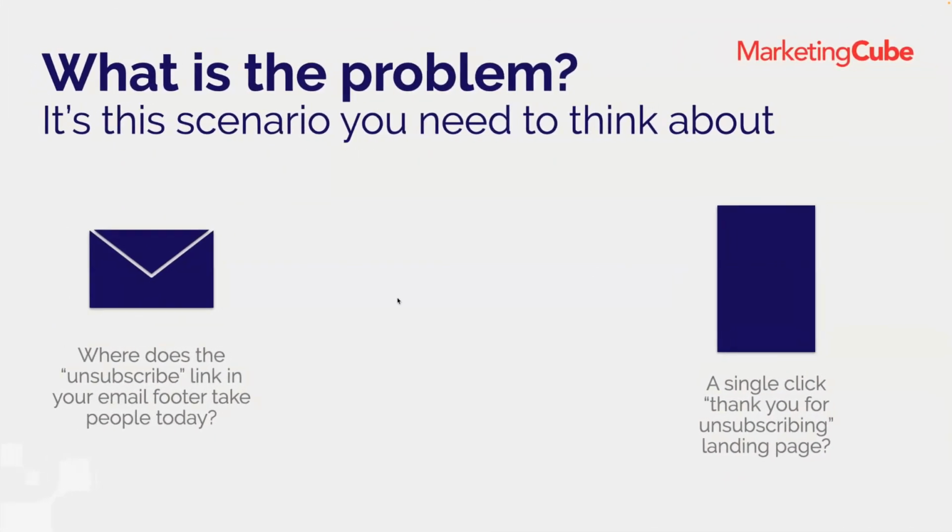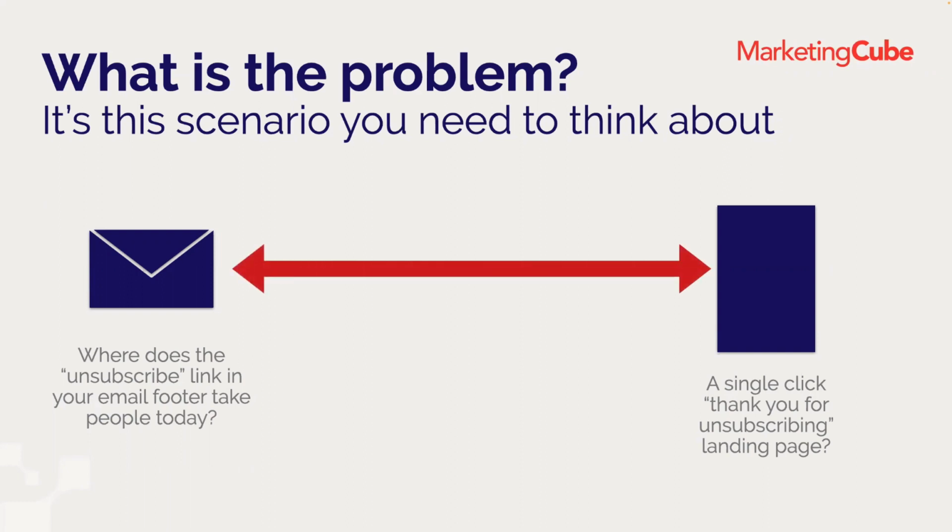Okay. So where does the unsubscribe link go? If I click on that unsubscribe link in the footer of your email and it takes me directly to a thank you for unsubscribing, which is kind of a counterintuitive comment, isn't it really? But anyway, thank you for unsubscribing. Okay, so in other words, they go directly from the email to the confirmation page and nothing happens in between. That's the problem, okay?